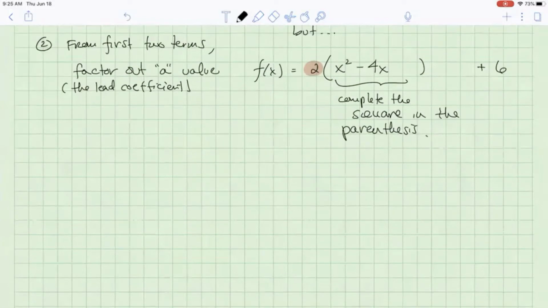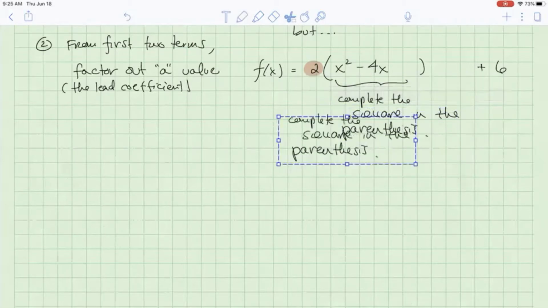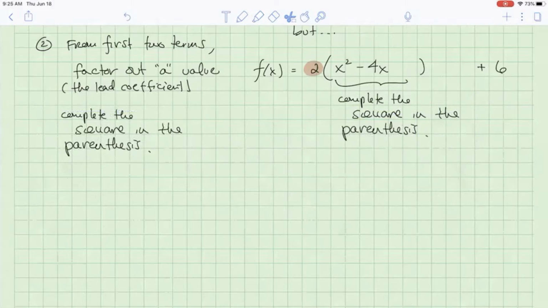Okay, so I guess that's step 3. Complete the square in the parentheses. So inside the parentheses, we have x squared minus 4x.